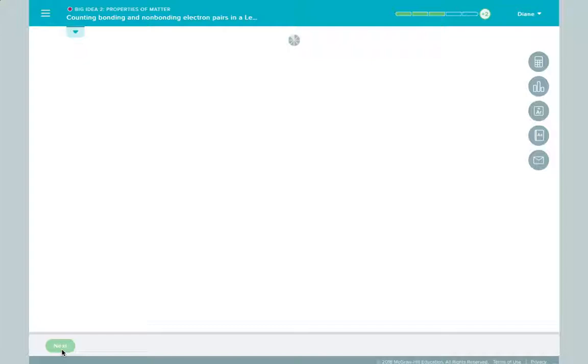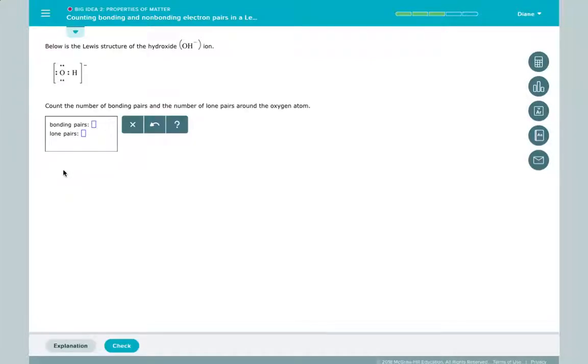And then the last one here, bonding pairs for the oxygen atom would be 1, and the lone pairs are 1, 2, 3. Those are the pairs that it doesn't share with anything else.